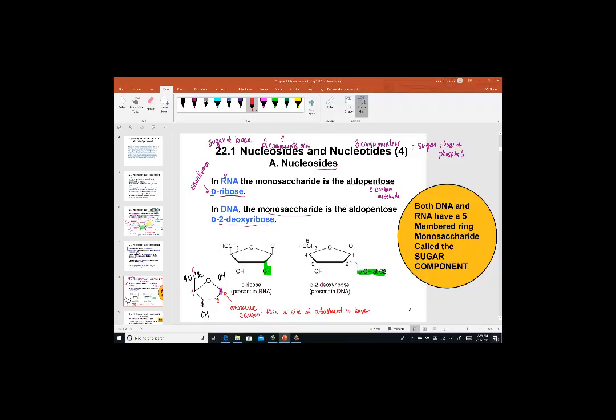That is the only difference in this structure, is drawing the hydroxyl for ribose sugar at carbon 2 or leaving it off at carbon 2 for the deoxyribose sugar for DNA. Ribose is the sugar found in RNA. Deoxyribose is the sugar found in the DNA.